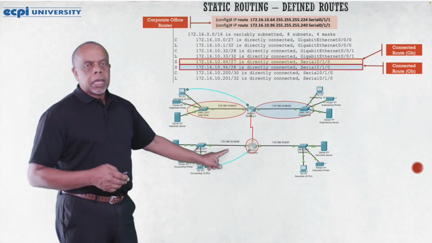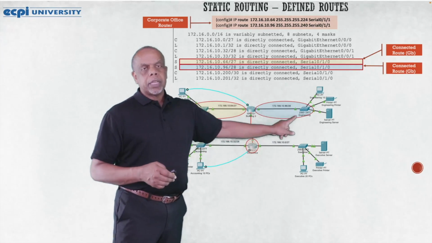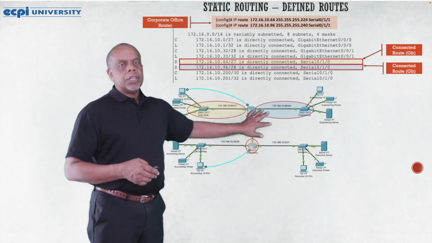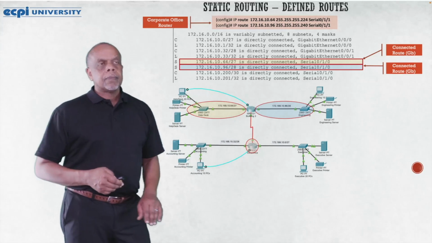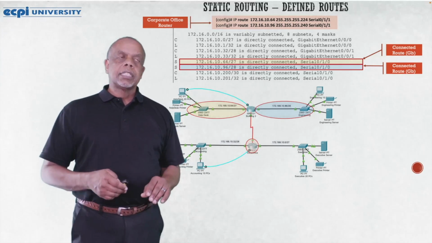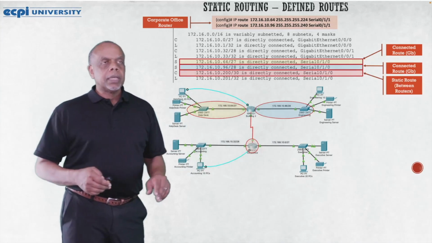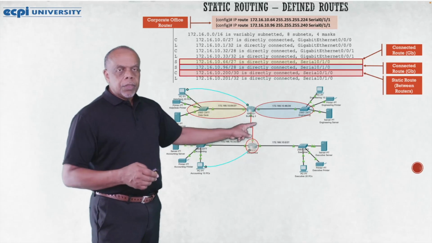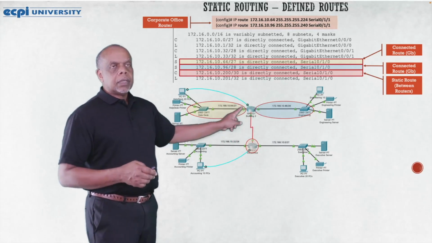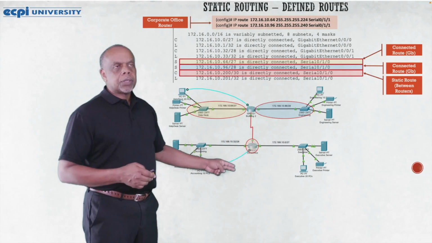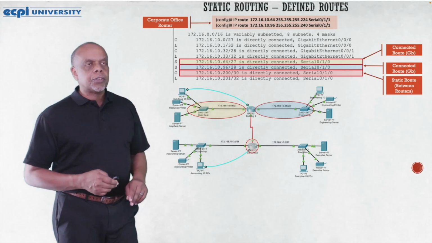Very similar, this is the path that would get me to this subnet, which is the 172.16.10.96. Also, it tells me that interface right there, the static route between the routers. So it shows me all those different interfaces.